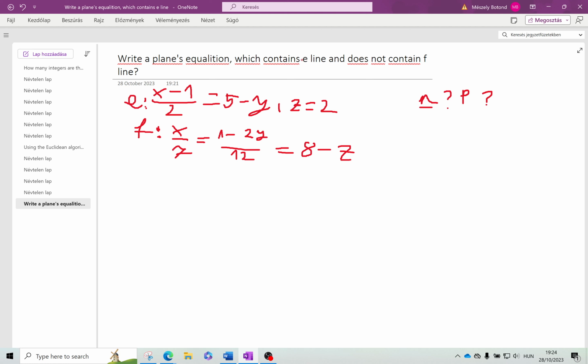And we also know that the plane contains A and doesn't contain F, and has no common points with it. Not a single point of them is common. I didn't write that down, but basically, yeah, I forgot. So, what can we find from, for example, A? We need to transform this equation a bit.